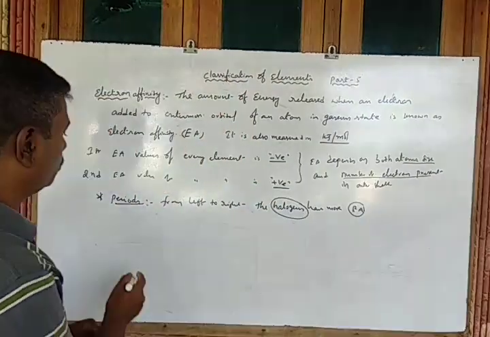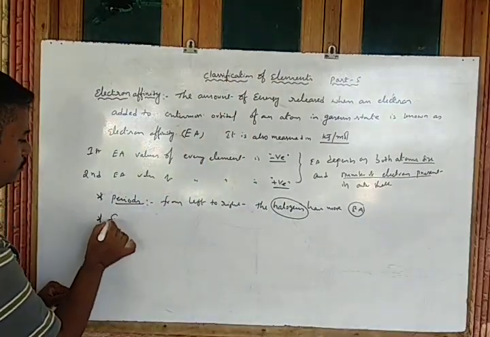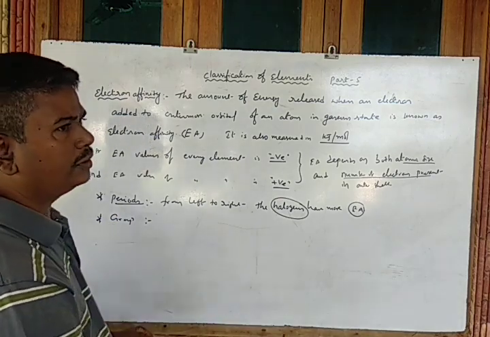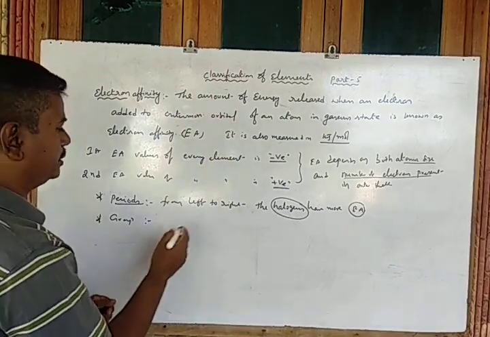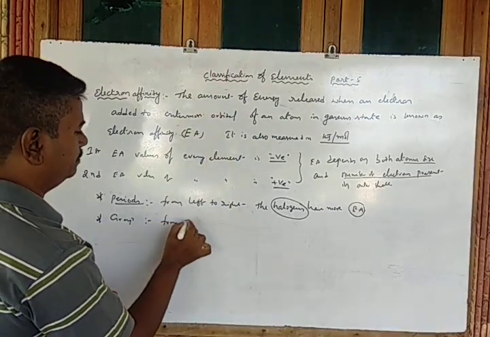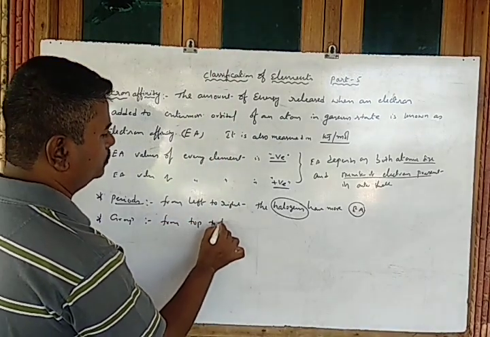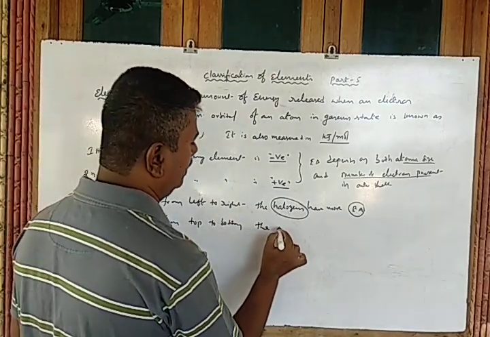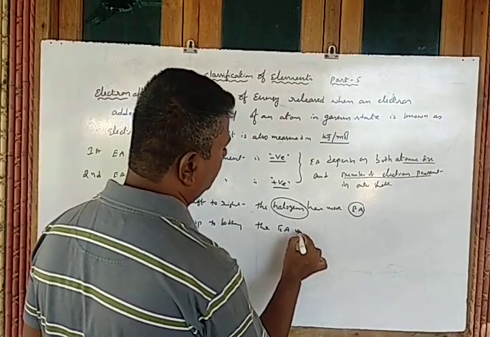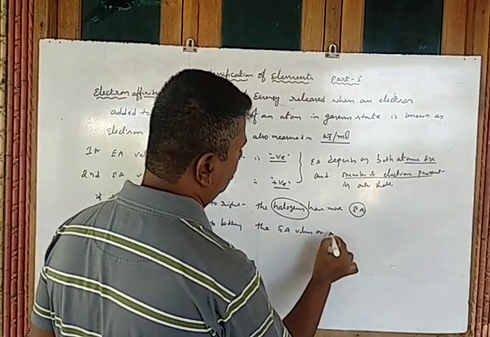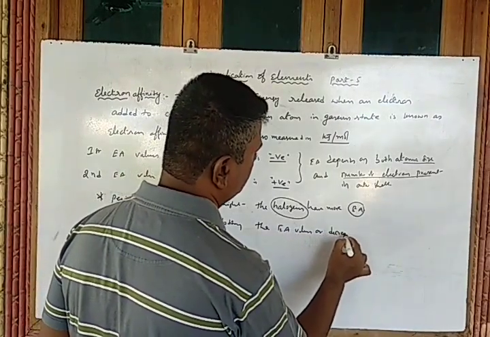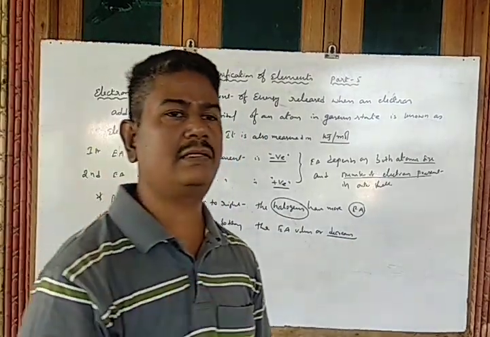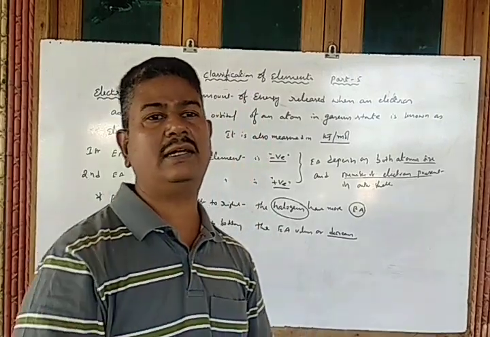Whereas in a group, generally we discuss from top to bottom. From top to bottom, the electron affinity values decrease, because the atomic radius increases.